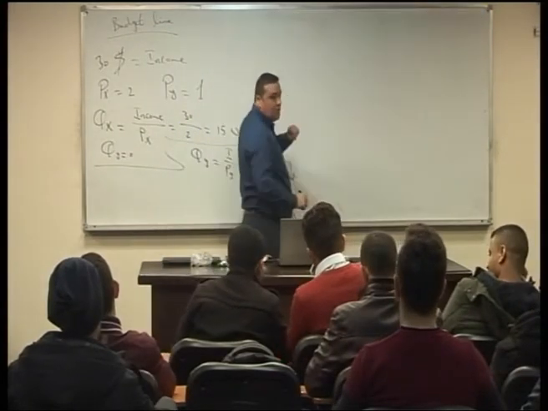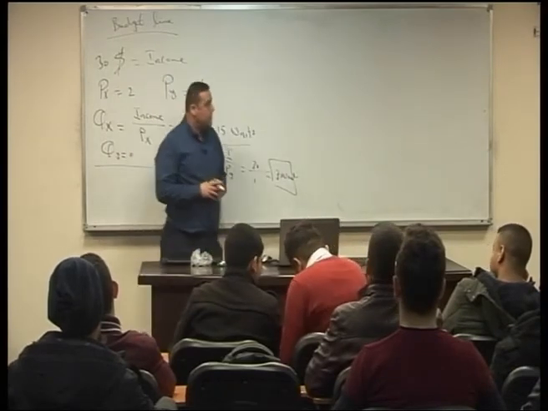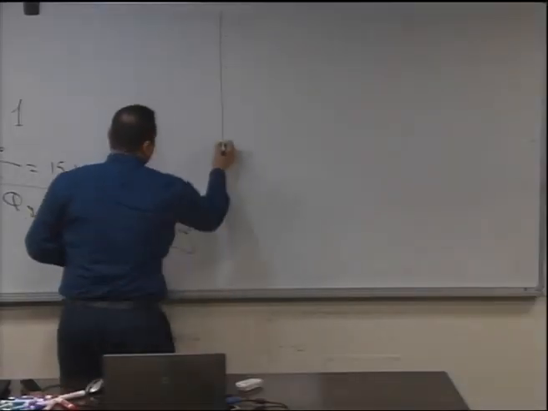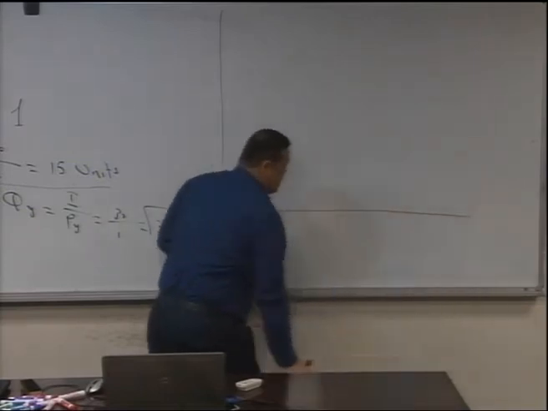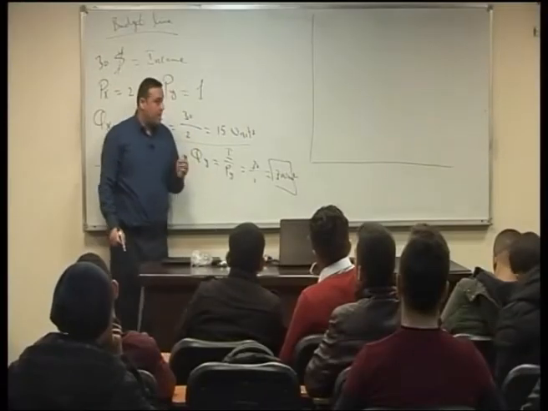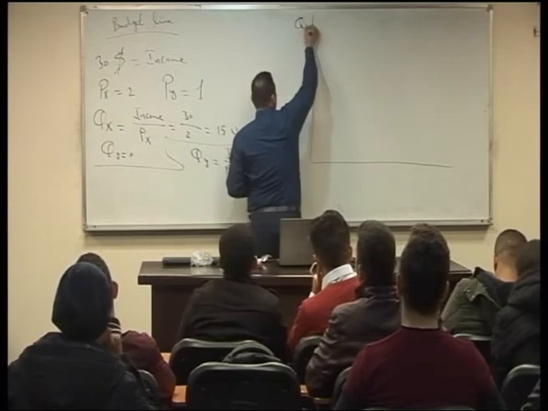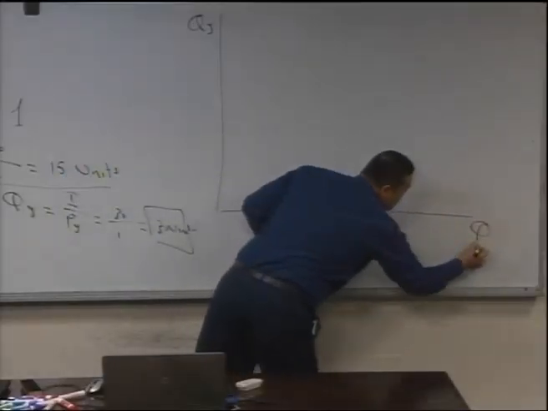Okay, to draw the budget line, as you know, we have the vertical axis and the horizontal axis. In the vertical axis, this is the QY, and the horizontal is the QX.